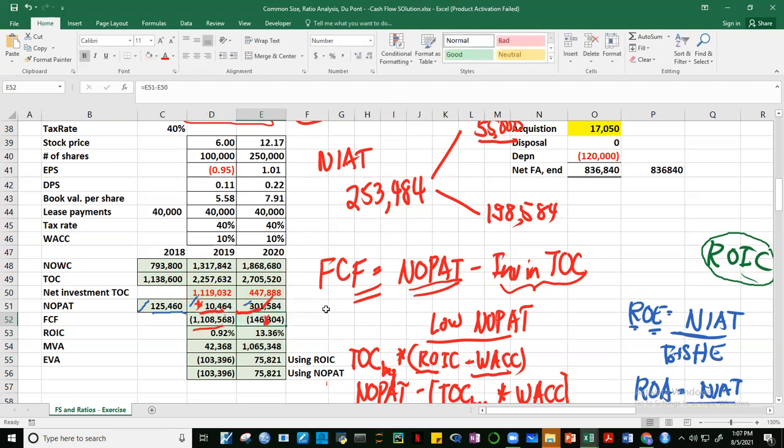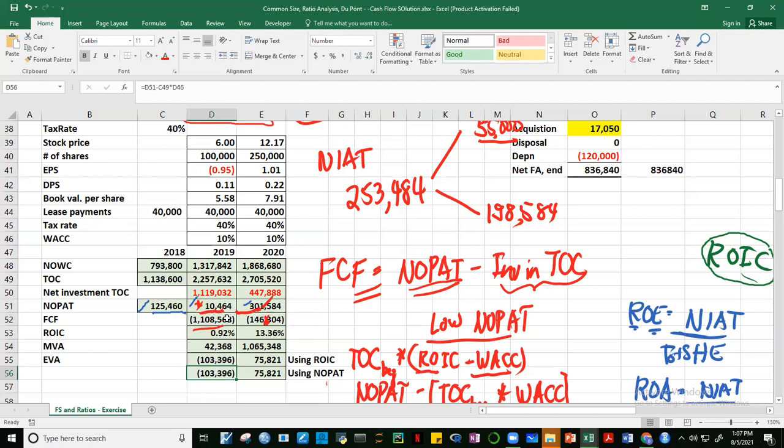Okay, question, guys. Negative free cash flow, does that mean our free cash flow is bad? Yes or no, please? Please chat. That's my question. Just like EVA, guys, when it's negative, it means value destruction.